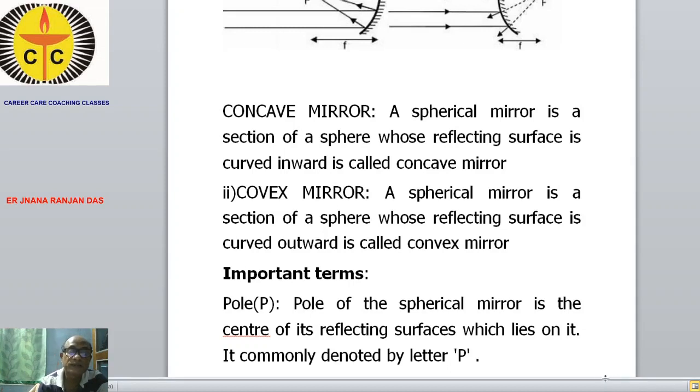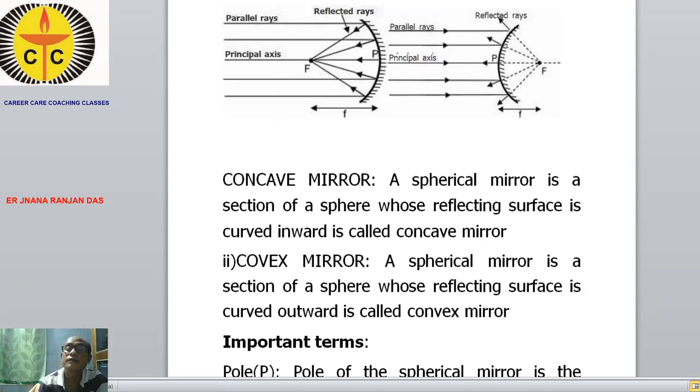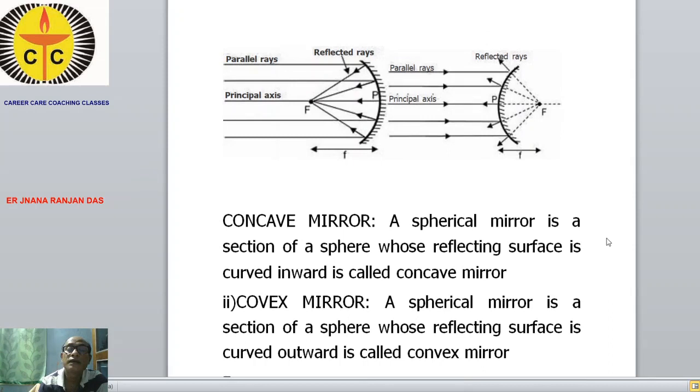It is commonly denoted by P. See here in the figure, this point is P, the center of the reflecting surface. The center of the reflecting surface is the pole of the mirror.